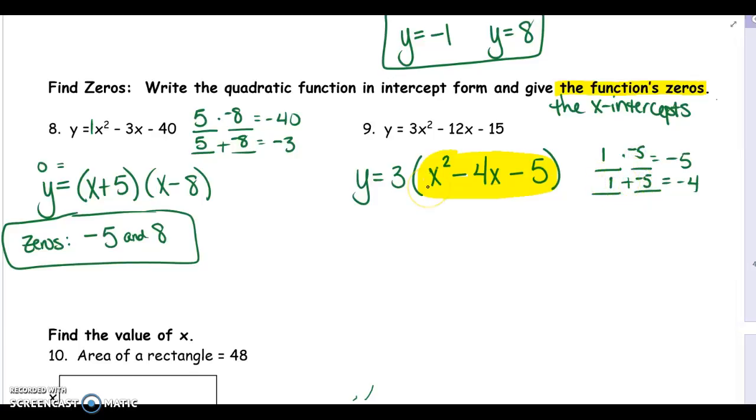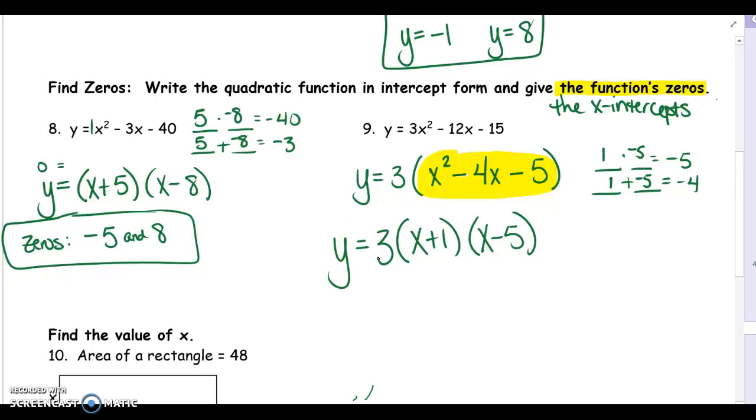And because our a value is 1, we can simply do parentheses x plus 1, parentheses x minus 5. You just need to remember that there's y equals 3 in front of those parentheses. Now the 3 really doesn't affect anything because we can't make 3 equal 0.